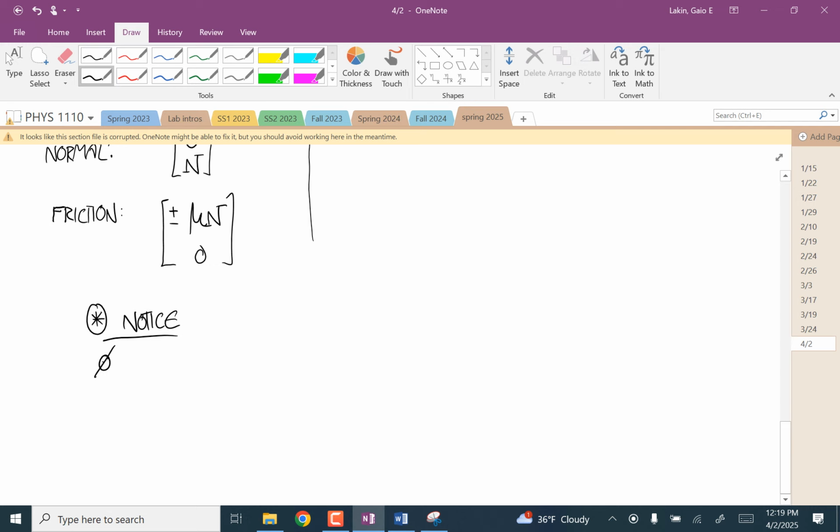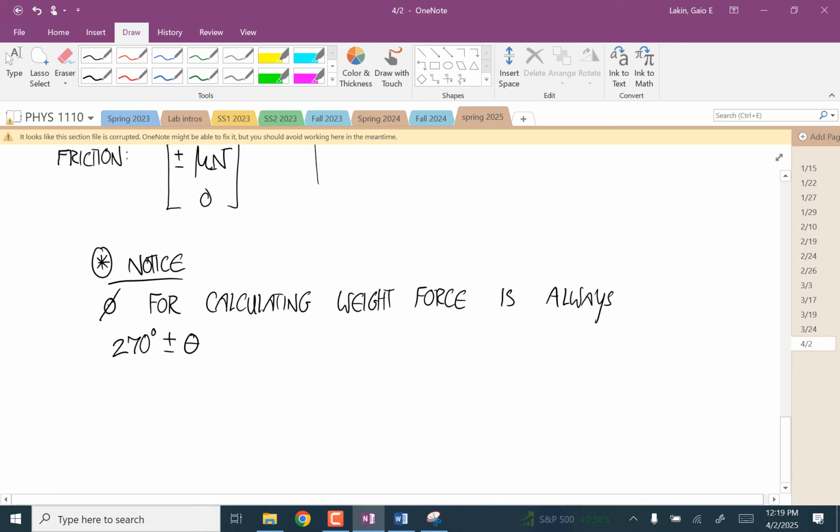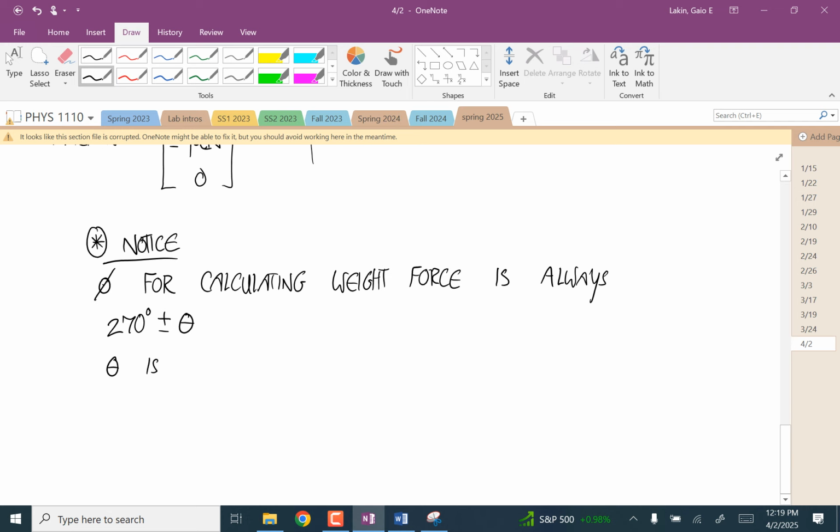So phi for calculating the weight force is always just 270 degrees plus or minus some angle theta, where theta is the angle the incline makes with the horizontal.